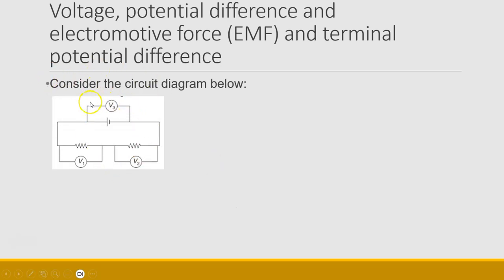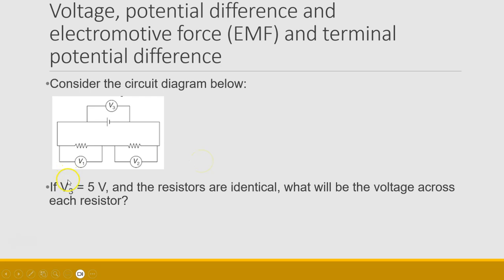Consider the circuit diagram below. So here we've got V3, which is above the cell, and we've got V1 and V2, which are each below a resistor. If V3 is 5 volts and I have 2 identical resistors in my circuit, what will be the voltage across each resistor?